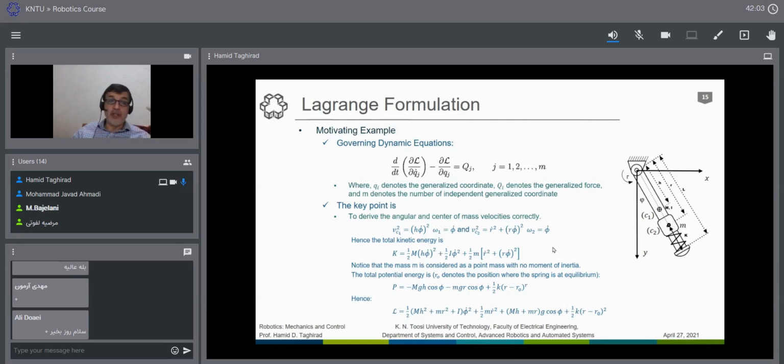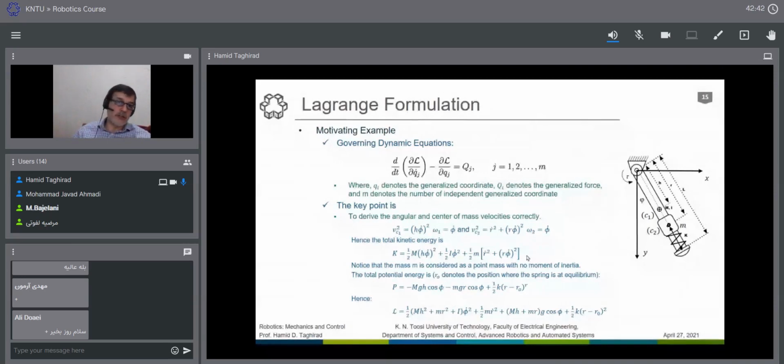Again, here there should be two kinetic energy components, but you see only one. We have 1/2 m vc squared, plus there should be another term, 1/2 I omega squared. We have the omega in this case, but since we consider this a point mass, it is very point-wise and doesn't have any extension in the x and y direction, so there is no I. We considered no I here, so I2 is equal to 0.